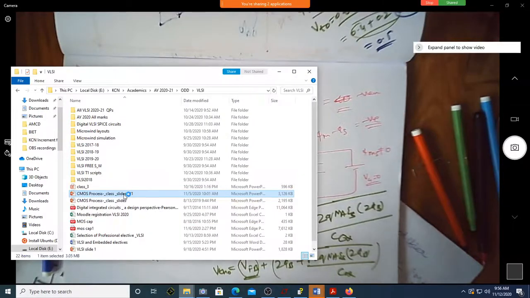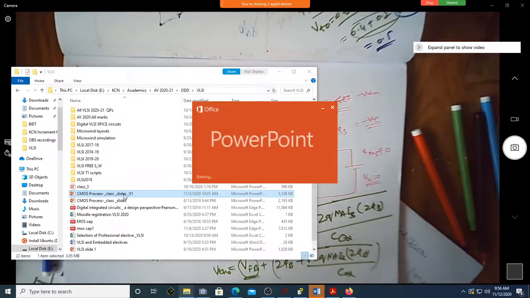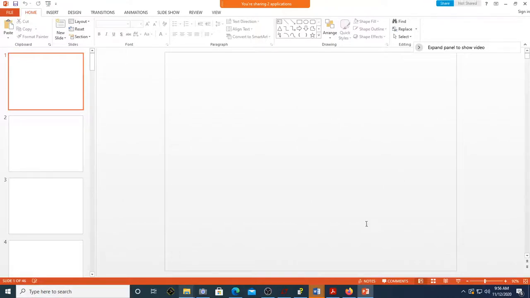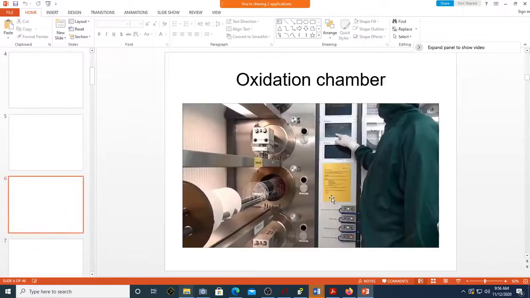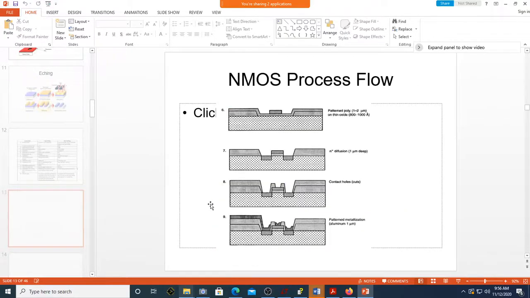How can you adjust that? During the fabrication process, there is one more step called threshold voltage adjustment. You can certainly adjust the threshold voltage even during fabrication by changing the doping concentration of the polysilicon. Let me just show you how it happens.